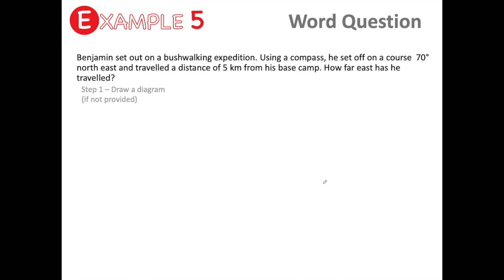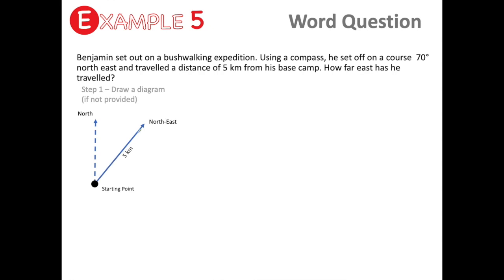So we know Ben is setting out on a walking expedition from a starting point. So we're going to mark in our starting point. And we know that he is traveling northeast. So we can mark in north as our starting point and then mark in northeast. And he has traveled 5 kilometers. So our solid blue line is the path that Ben has walked, 5 kilometers northeast.